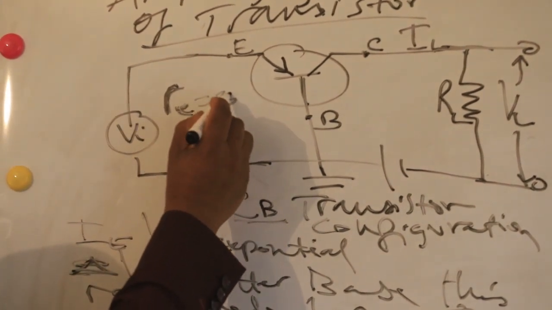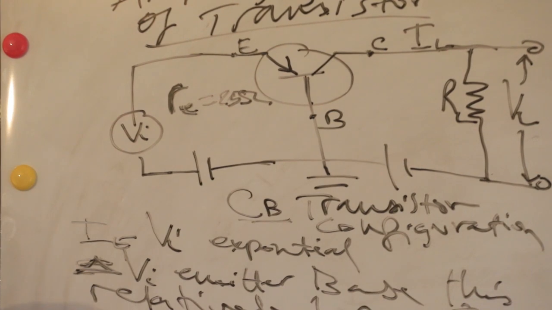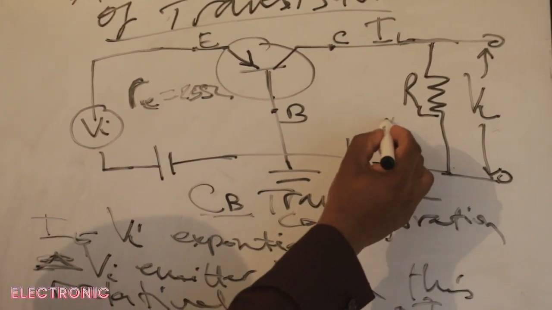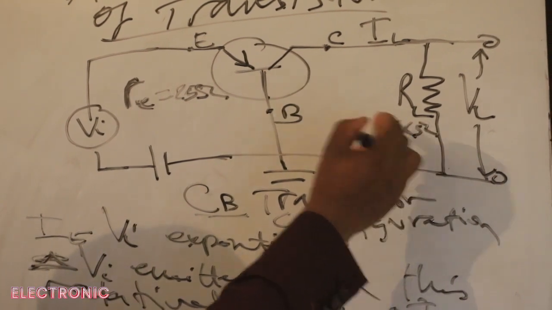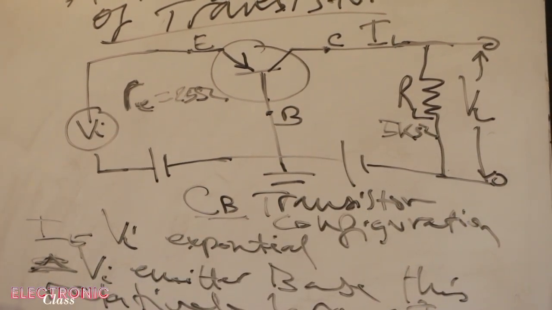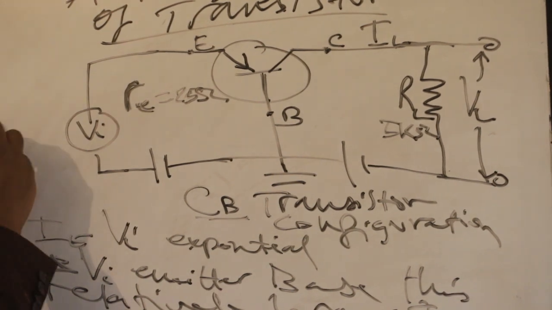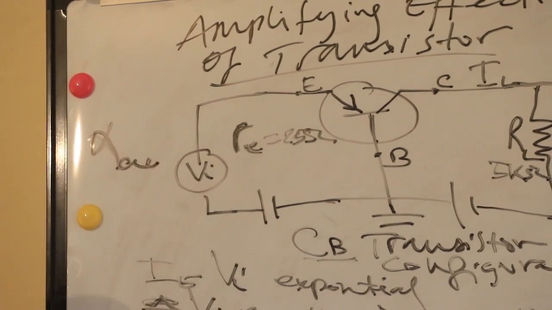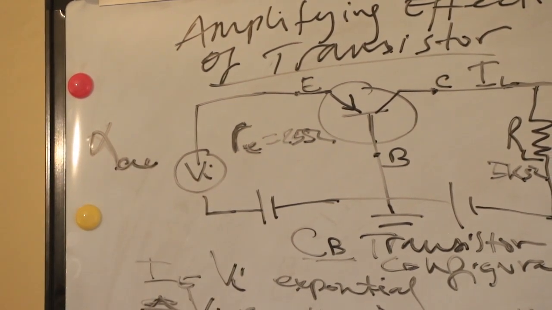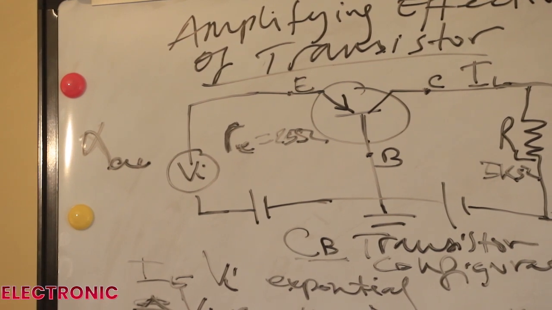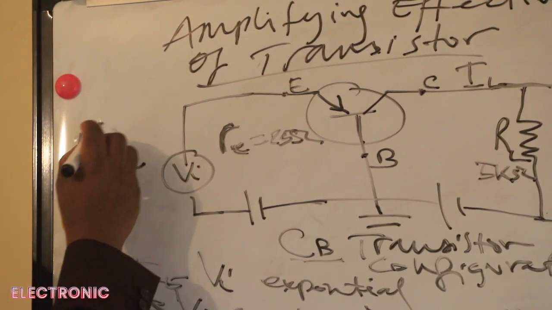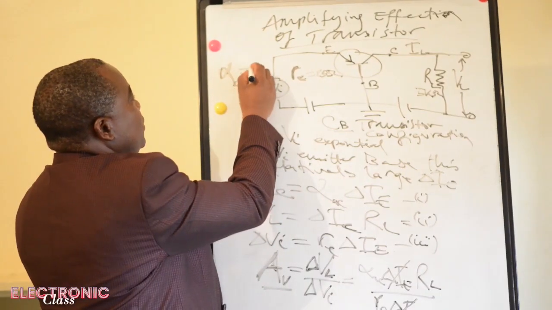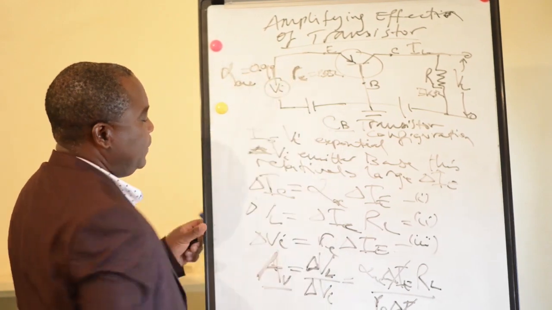Let's say it is 25 ohms, and let's say our load resistance is 5 kilo ohms, and our gain, in this AC circuit, is called the large current gain alpha, equal to 0.99.